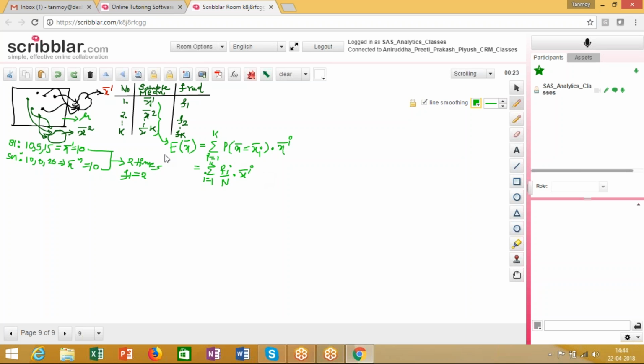Now, for a sample mean, I'm not going into the mathematical derivations. So it is seen that in this case, the expectation of x bar is equal to mu.